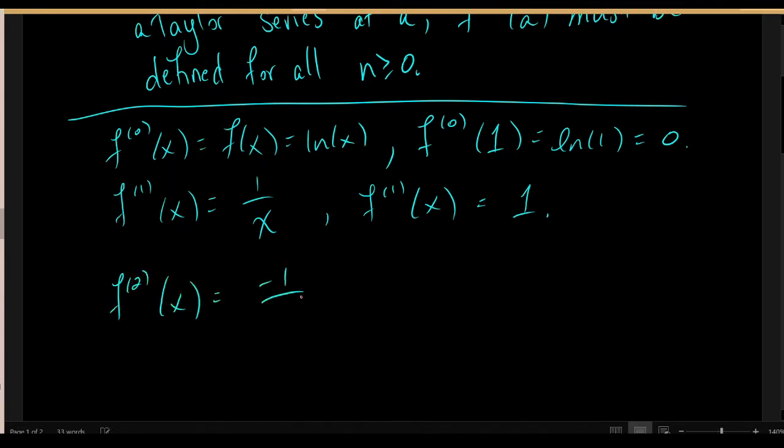Then, using power rule, the second derivative is negative 1 over x squared. So plugging 1 into that, we get negative 1.